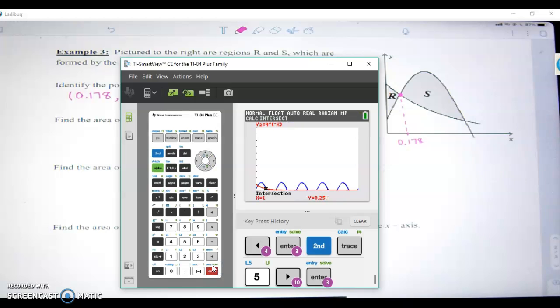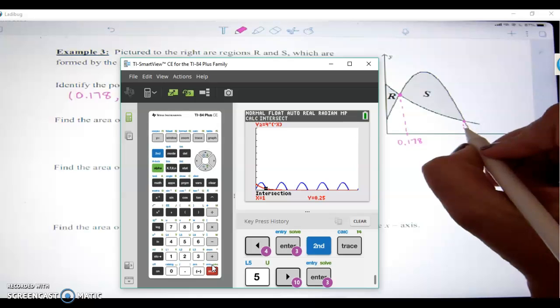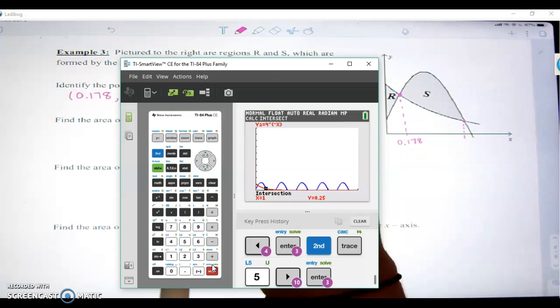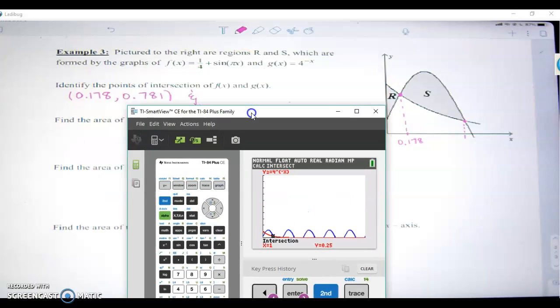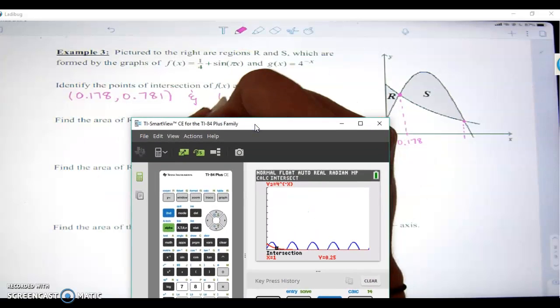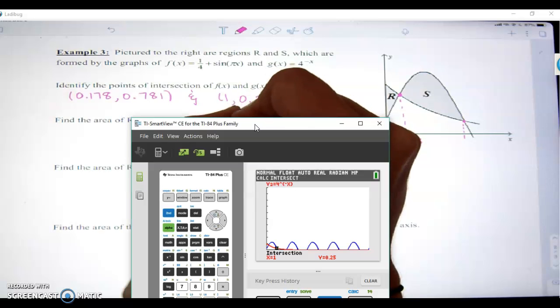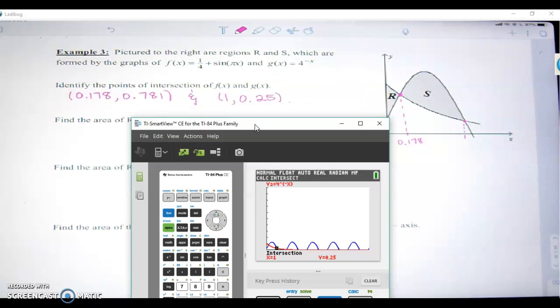This happens at 1, and if we write that point down here, that's at 1 and 0.25. Okay, so we found the points of intersection, and we will need those.